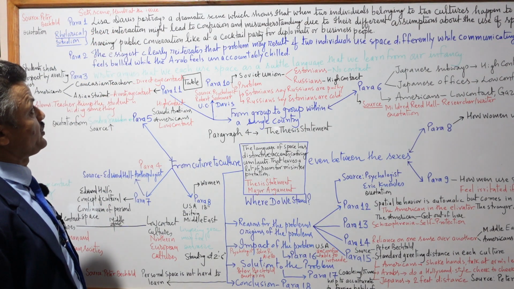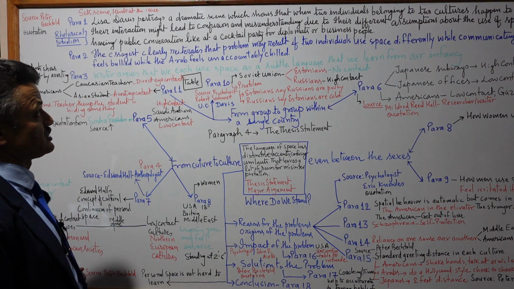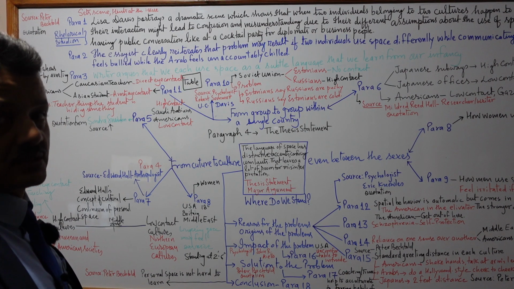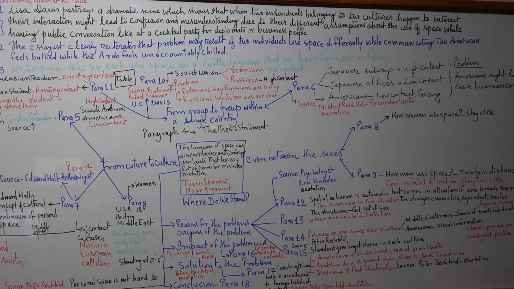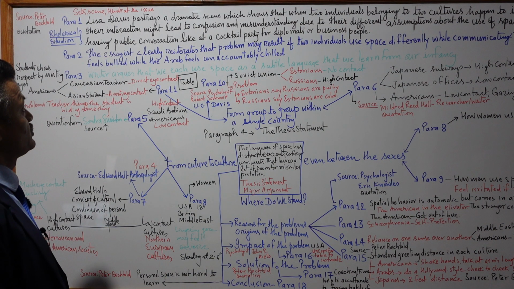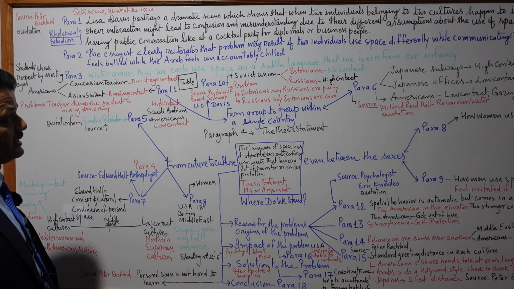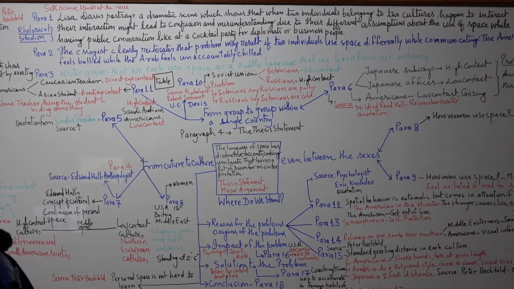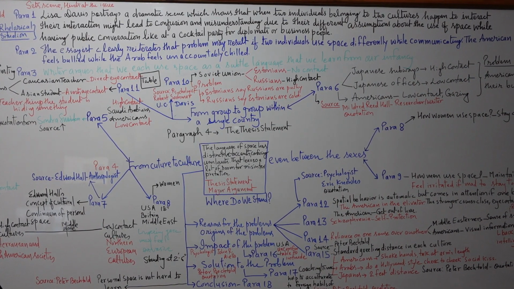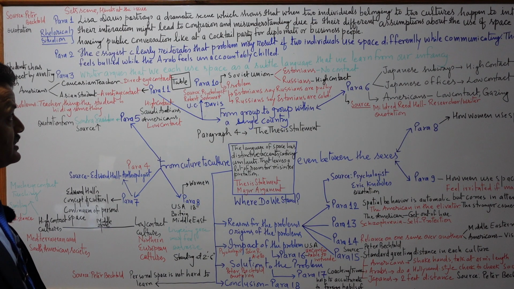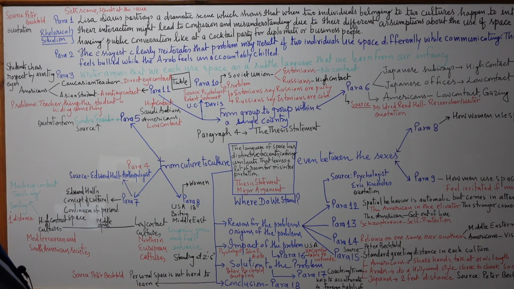Lisa Davies portrays a dramatic scene which shows that when two individuals belonging to two cultures happen to interact, their interaction might lead to confusion and misunderstanding due to their different assumptions about the use of space while having public conversation, like at a cocktail party for diplomats or business people.